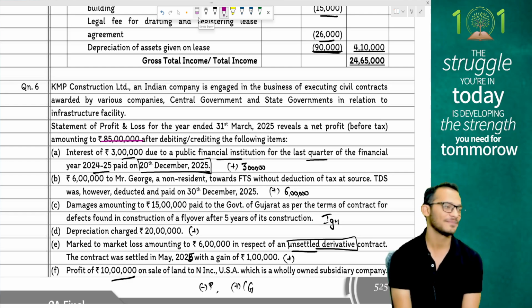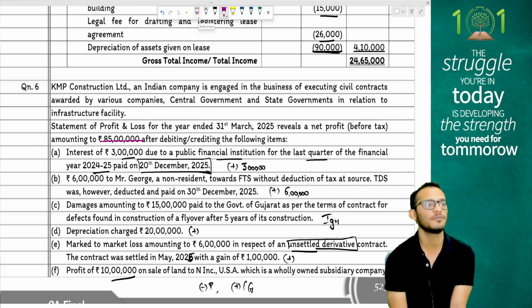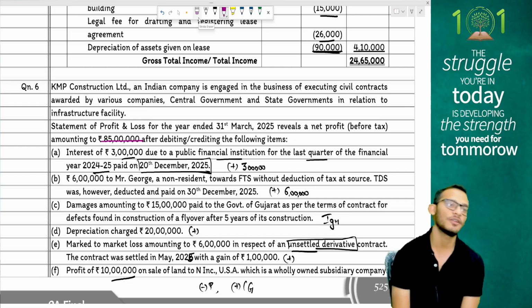Exactly. You have to talk about the fact that section 37 says payment for an offense of law is not allowed. Since this is not an offense of law, therefore it is allowed.